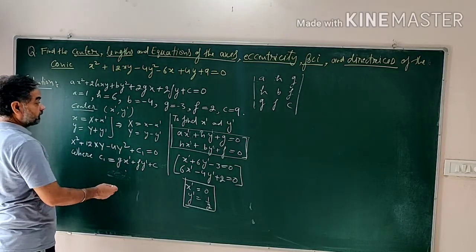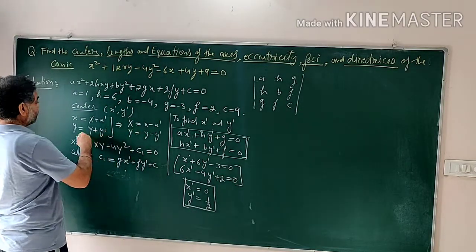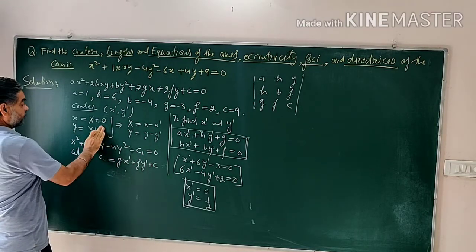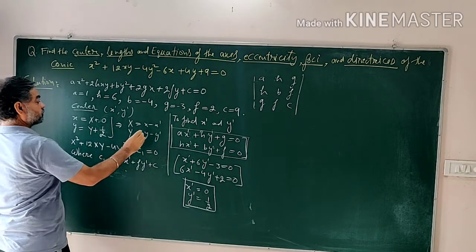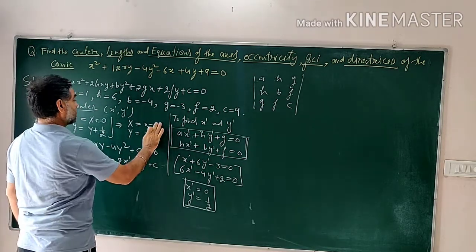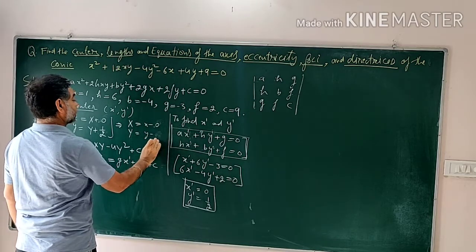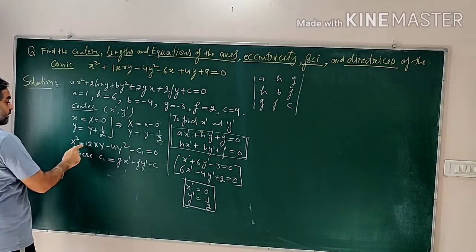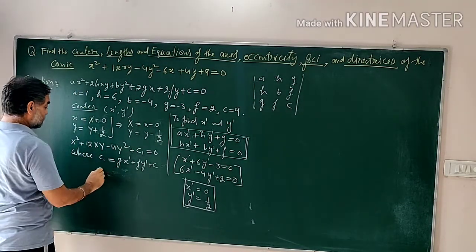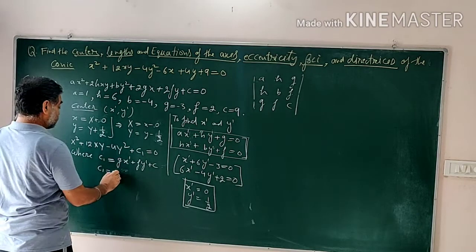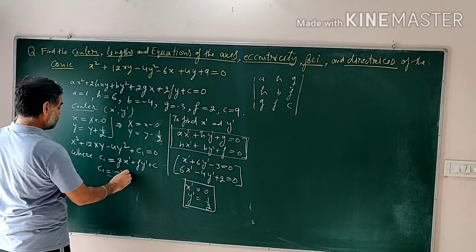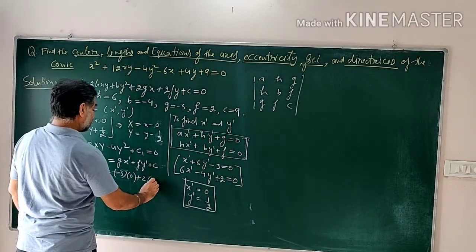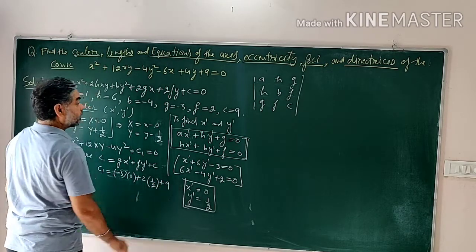So here you replace x by x minus x dash, where x dash is 0, and y by y minus y dash, where y dash is 1 by 2. So this equation reduces to this equation, where C1 is equal to g is minus 3 times 0 plus f is 2 times 1 by 2 plus c is 9.